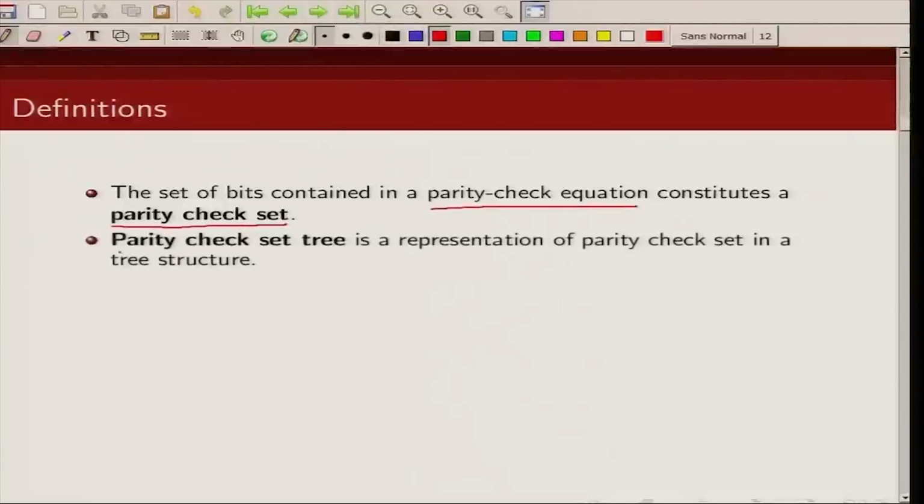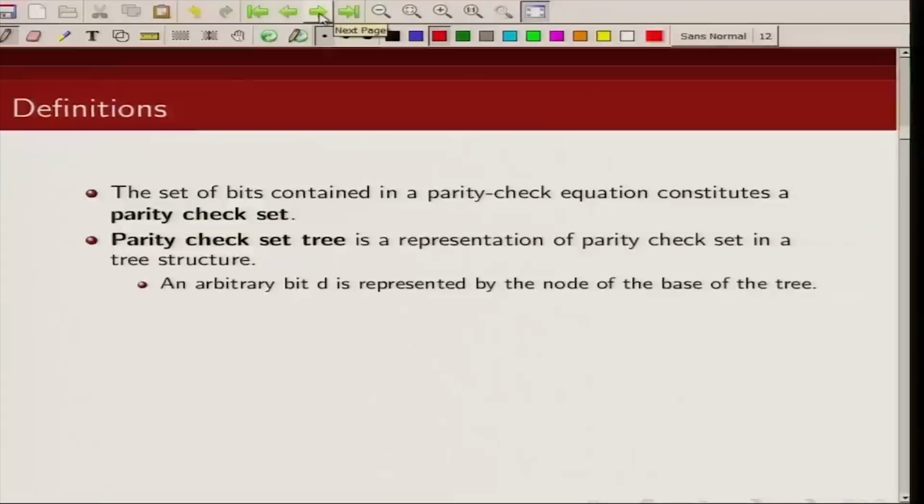So, what is a parity check set tree? It is a graphical representation of the parity check set in a tree like structure. How? We will explain. Any arbitrary bit is represented as a node at the base of the tree.